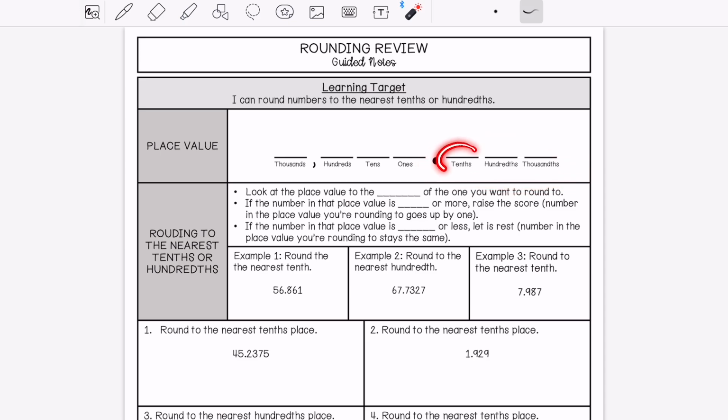After the decimal point, we have the tenths, hundredths, thousandths. Next is the 10,000s. We don't often see numbers that we have to round past that because we don't really deal with irrational numbers yet. But you can go over farther place values if you want to.